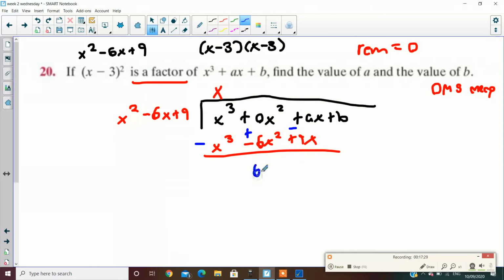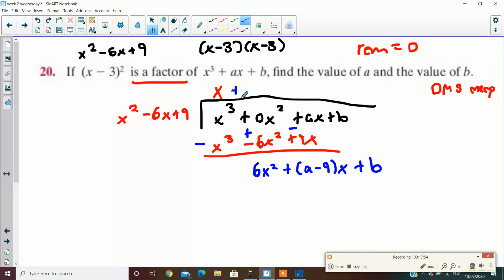So this is 6x squared. Now, what do I call this? A minus 9x. What's ax? Take away 9x. It's a minus 9x. Okay, bring down the b.